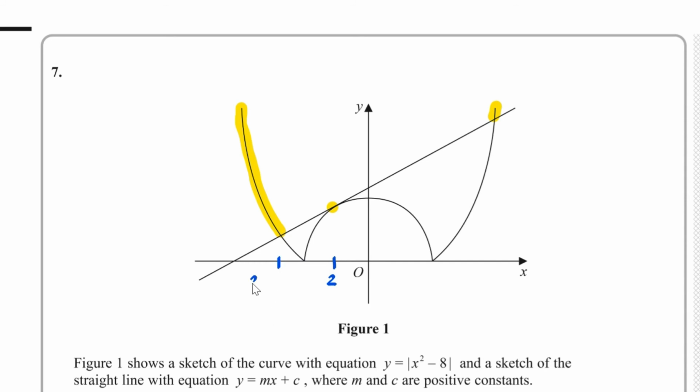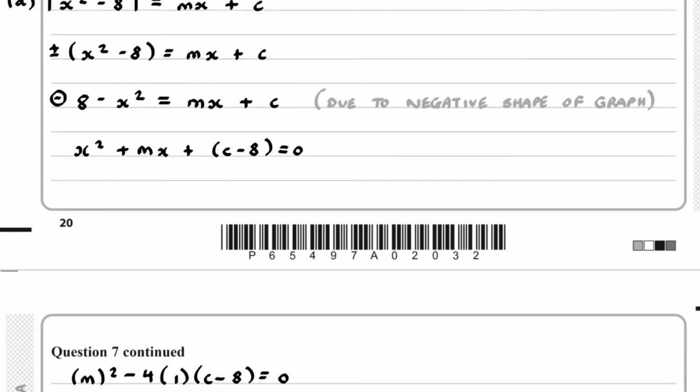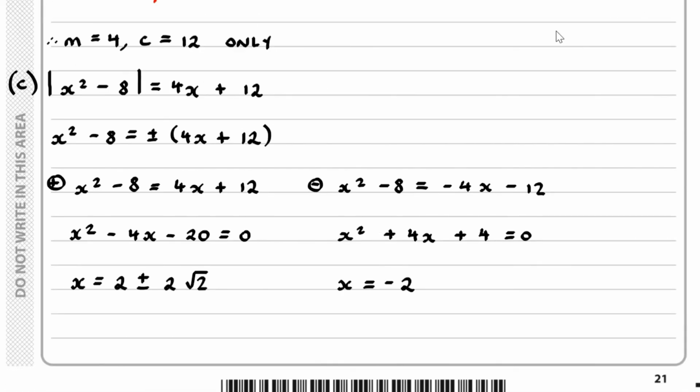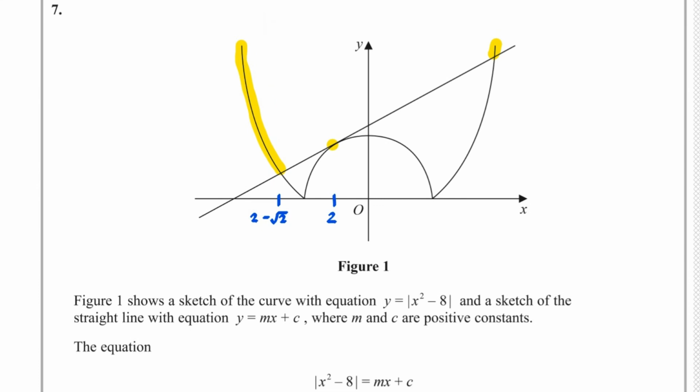Here I've got 2 minus 2 root 6, and over here I would have the 2 plus 2 root 6.